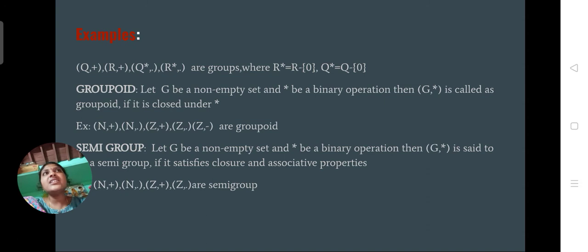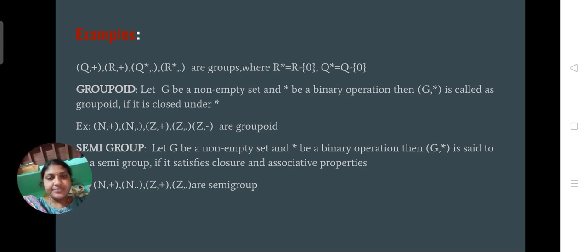Infinity does not belong to Q and R. So we eliminate the element 0 from that set, and that set is denoted with Q star and R star. So Q star is equal to Q minus the set 0, and R star is equal to R minus the set 0. Under multiplication Q and R are not groups, but if we eliminate 0 from those sets, then those sets are called groups. That means Q star comma dot and R star comma dot.